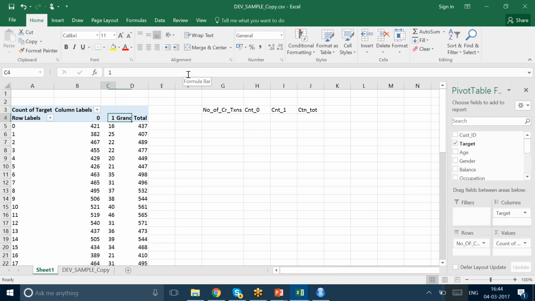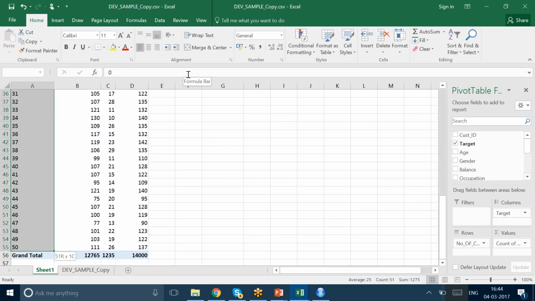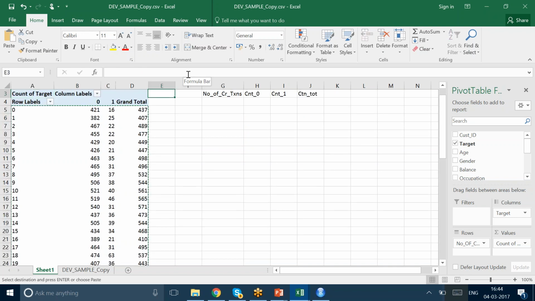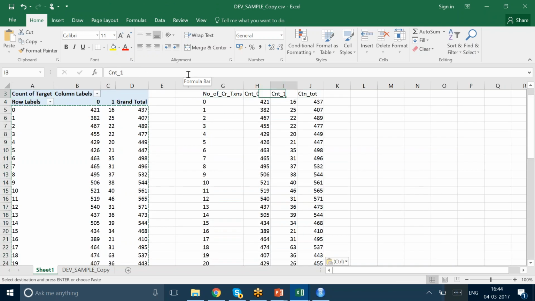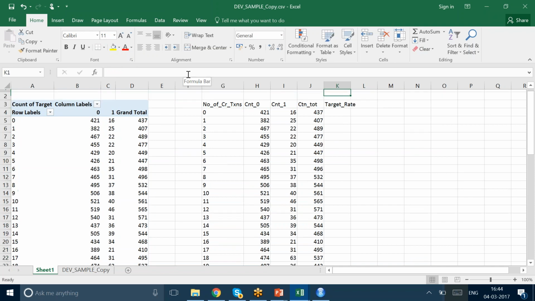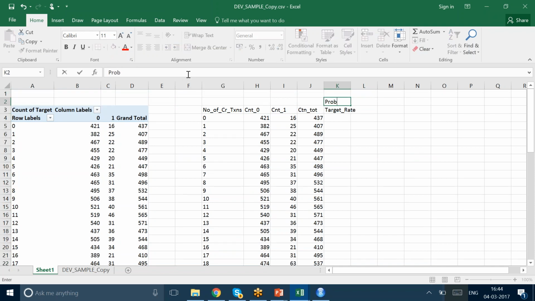These are the values. I'll just copy paste. And this is my target rate, or I can say probability.